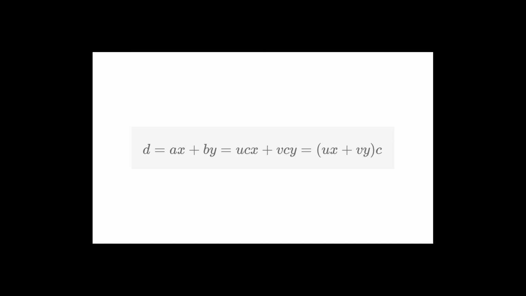So now, based on that, we can use the fact that d equals ax plus by. And we expand the definition of a and b, and we have d is equal to ucx plus vcy, which basically we can recognize has a common term c.